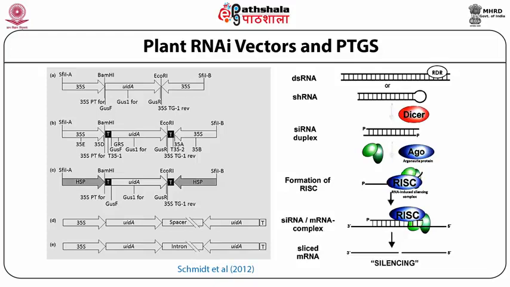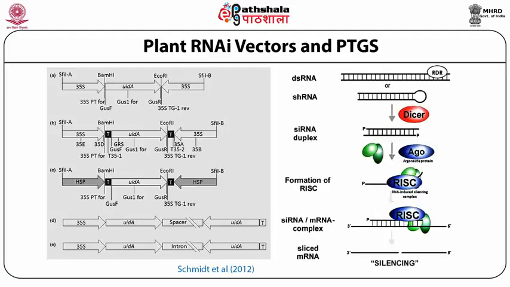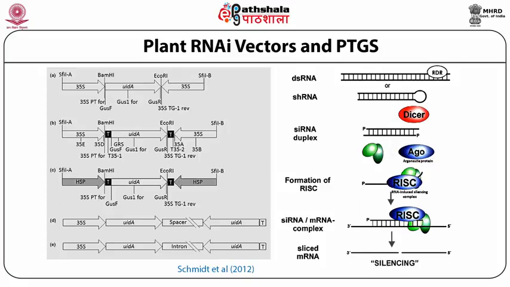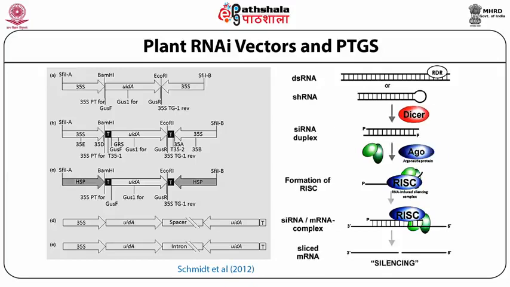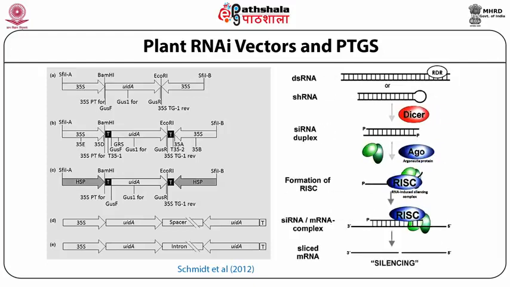Another way to make a vector, which is again shown at the bottom of the left panel, is using a single promoter, in this case the 35S promoter. The UID gene is cloned both in sense direction and antisense direction with a spacer in between. When this particular gene is expressed and both sense and antisense transcripts are formed, joined by a spacer, they form a hairpin RNA structure.